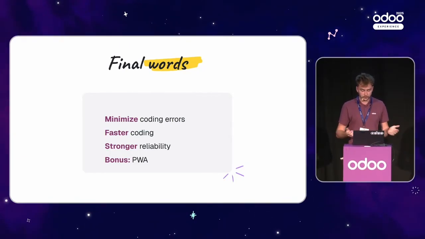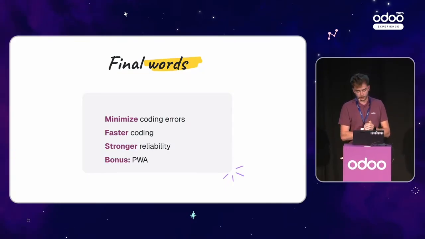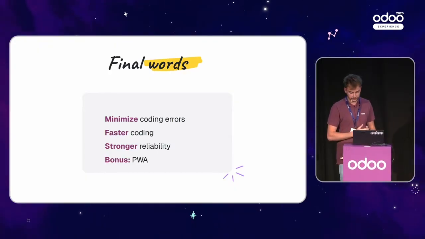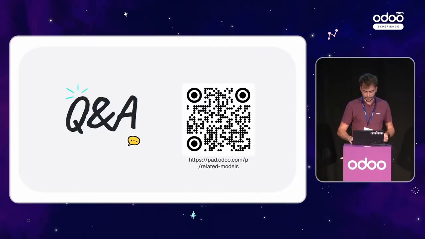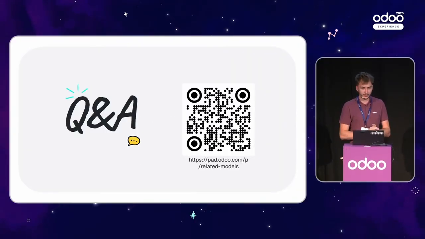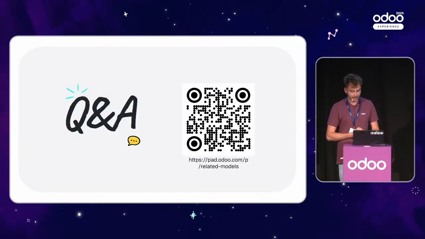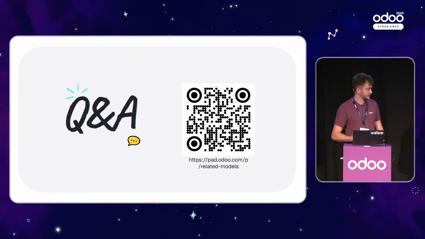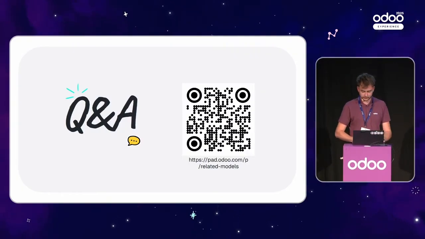And a bonus point with IndexedDB: we have kind of a PWA, since all data is stored in an IndexedDB in the front end. So that's all. Thank you for listening to me. Let's go to the questions.